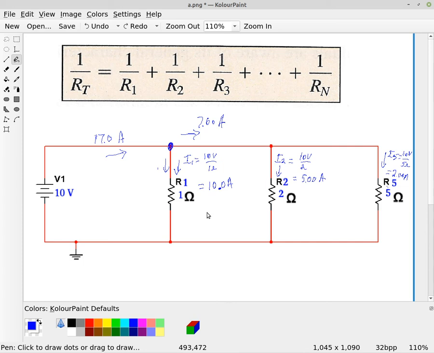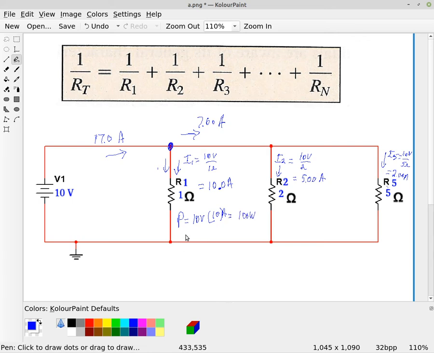So which one of these is using the most power? Well, remember that power in a resistor is the voltage across the resistor times the current. So that's 10 volts times 10 amps, which is equal to 100 watts.